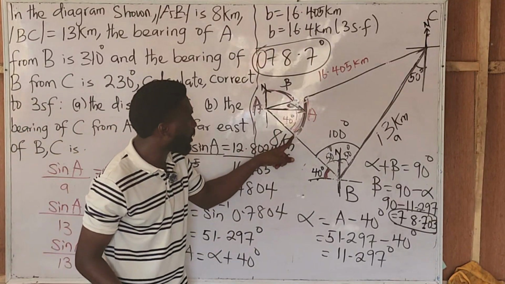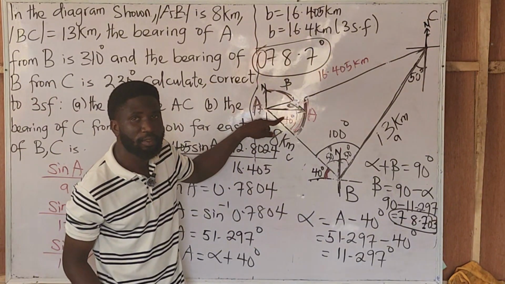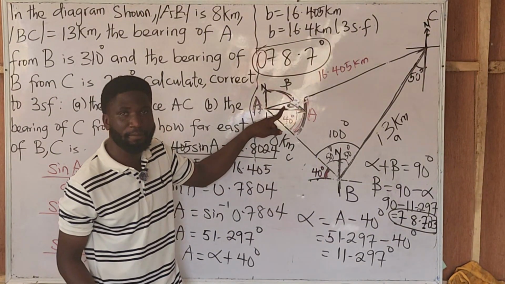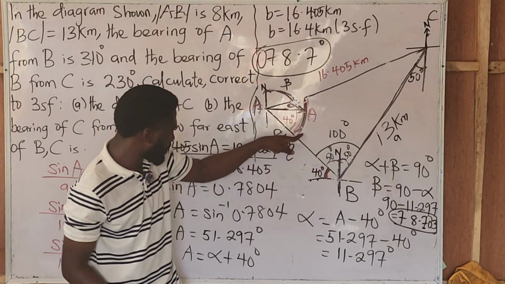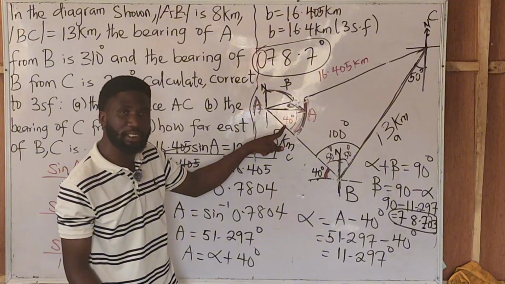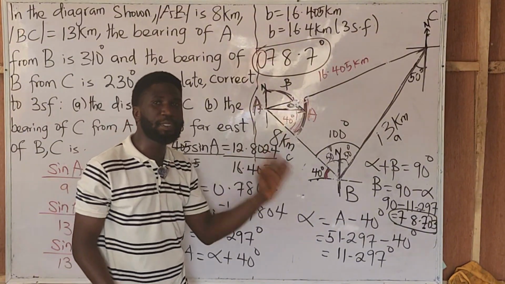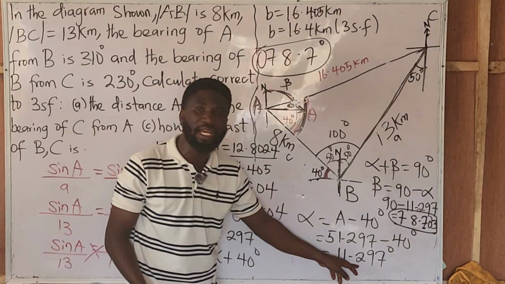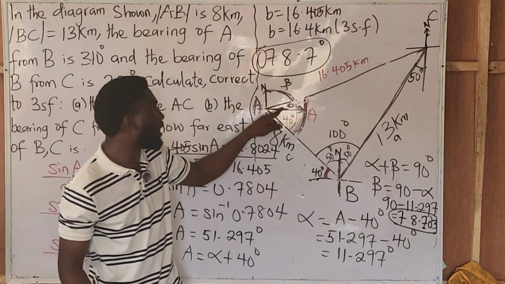So out of this total, we know that this side is 40. From alternate angle here is 40 degrees, so easily gets alpha. So if the total is known to be 51.297, and out of 51.297, you've gotten 40. So to get alpha, that would be 51.297 minus 40, and that was going to be 11.297 degrees. So that's what we made to be alpha.